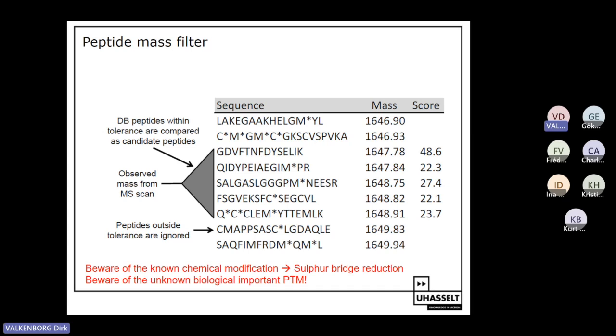And potentially, there can be more modifications, for example, acetylation of lysines or N-termini, or oxidation of the methionines, and they can happen or not happen. And to consider all possible combinations, exploding our search space. So that's why open modification search algorithms are being developed as we speak, and it's still a topic for research.